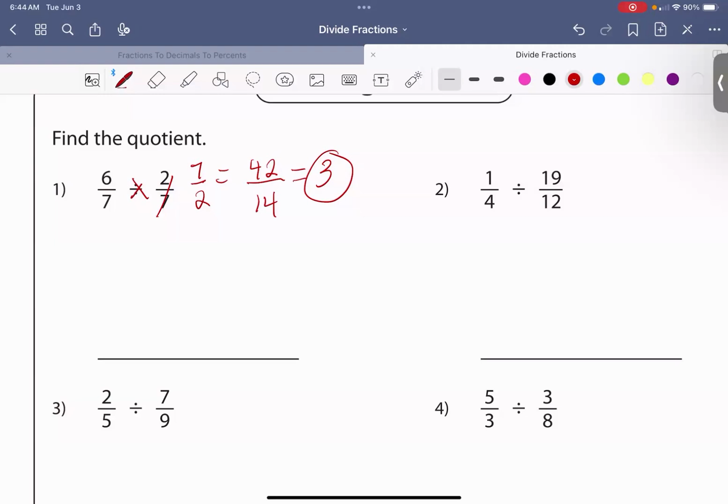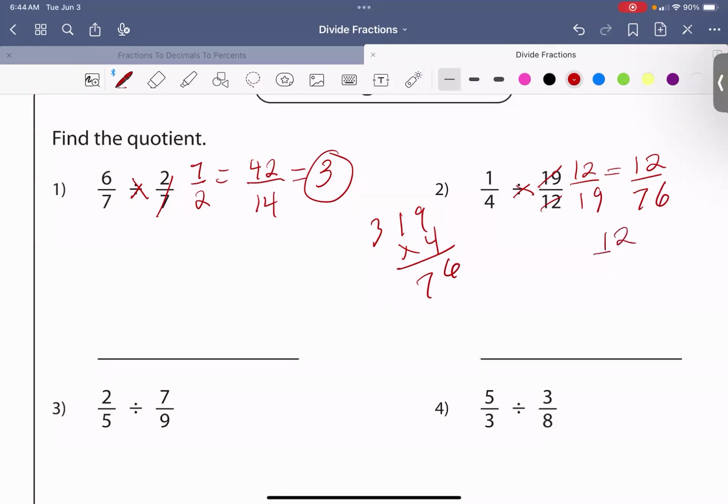So let's look at number 2. This becomes multiplication, and then we get 12 over 19 times 4, which is 76. And we can simplify this.